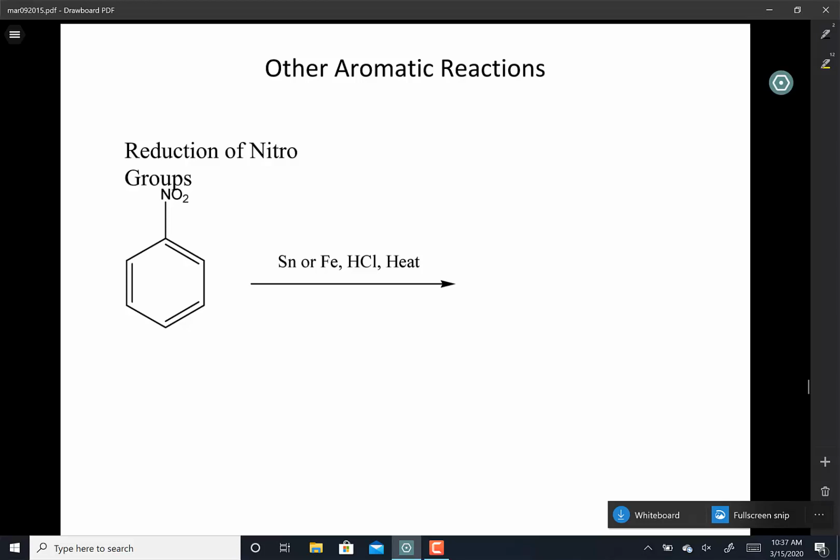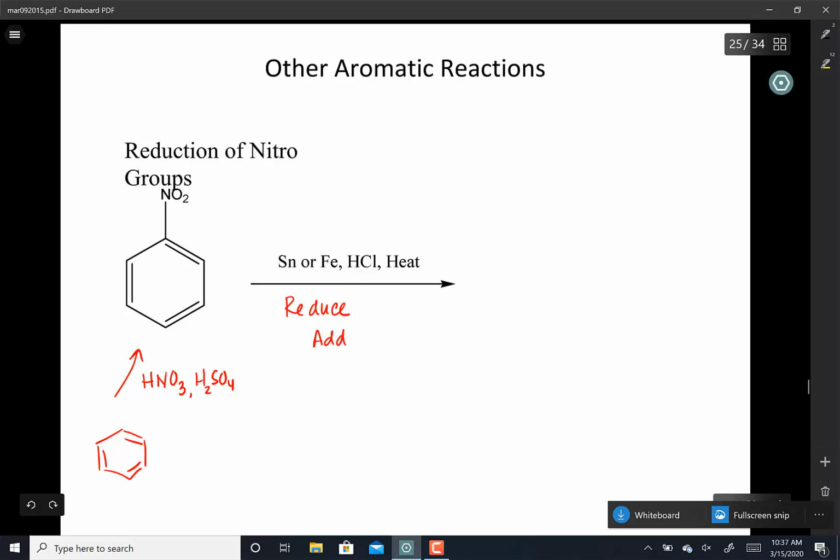The first thing that you're going to have to do is take your benzene ring and add an NO2 group to it. So you're going to use HNO3, H2SO4 to add the NO2 group. Then you can reduce. Remember, reduce means add H in organic. So then we can reduce the nitro group to an amine by using iron or tin and HCl and heat.